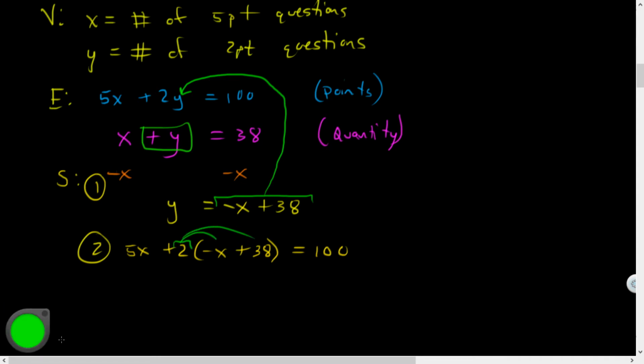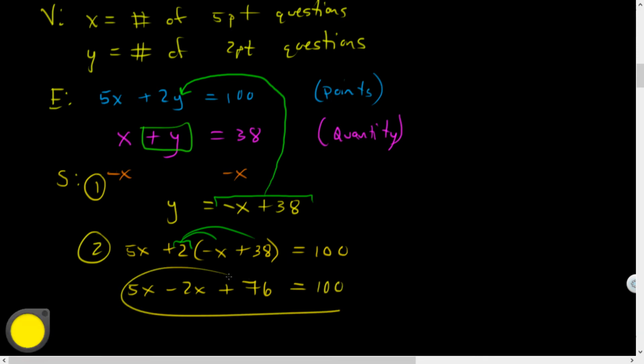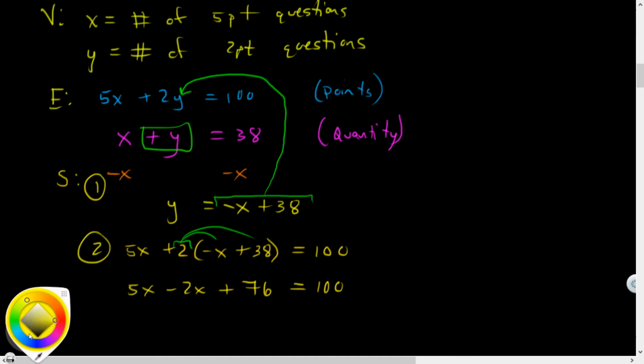Let's see, let's distribute here. So anyways, 5x, minus 2x, plus 2 times 38, 76. You could reach for a calculator for this. You also have a calculator on your mini quiz, just so you're aware. Now what should I do to solve? What could I do? Combine. I like it.